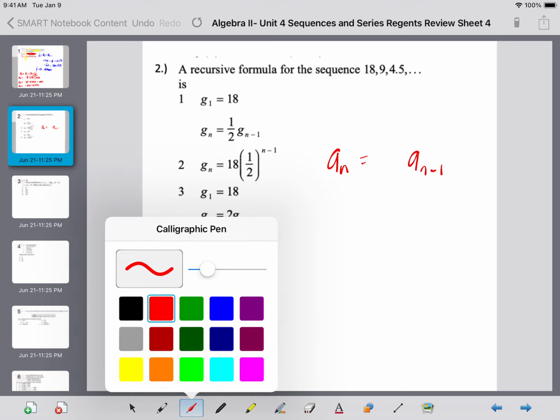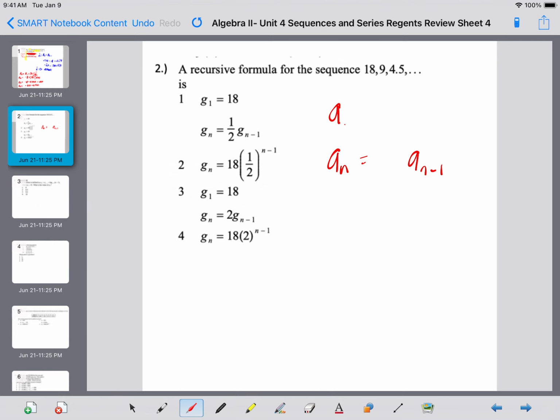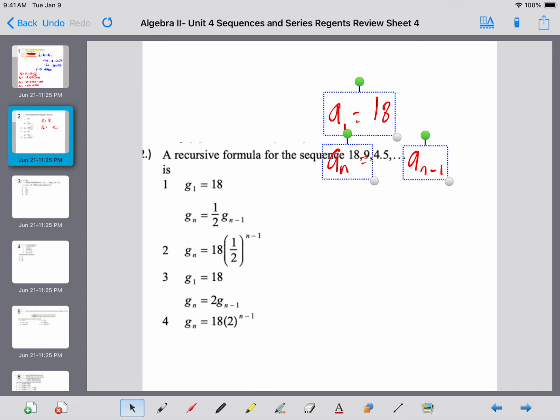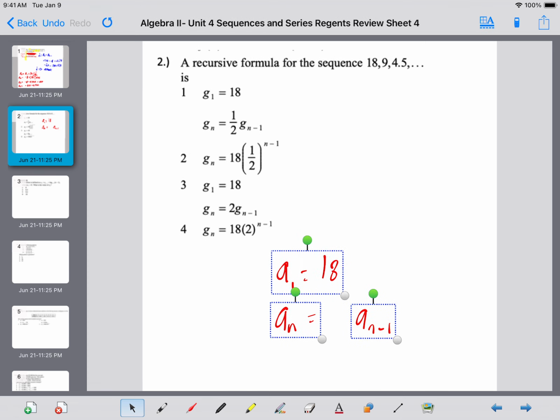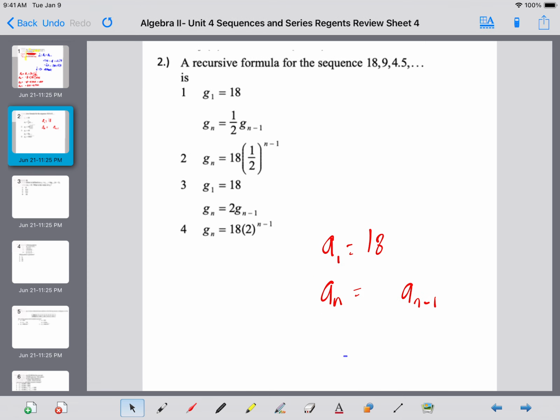But for a recursive formula, you must always remember to include the first term. You won't know where to start if you don't include the first term. Now we have to find some sort of relationship between a term and the previous term.